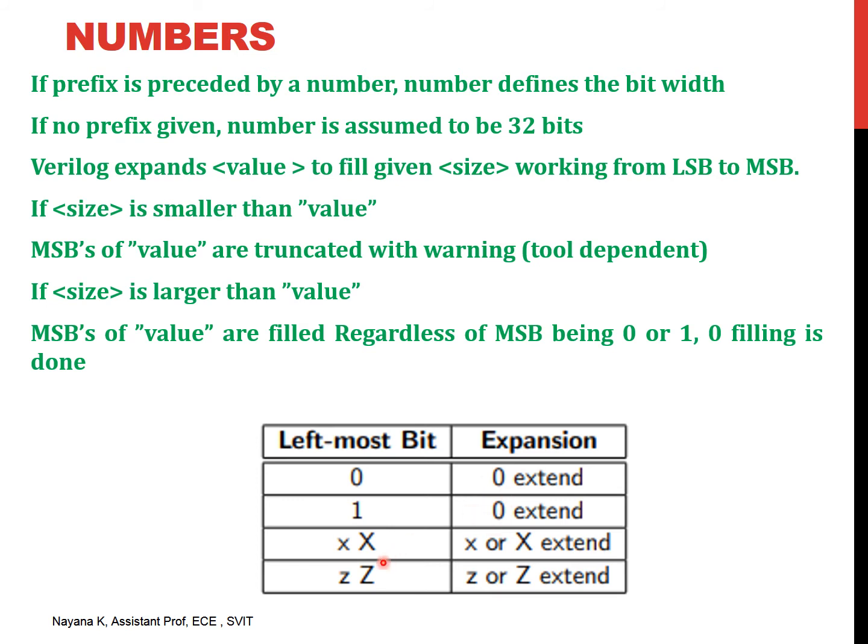But if the MSB is an X, you should extend X itself, XXX, and if it is a Z, you should extend ZZZ. So if you have a 0 or 1 in the MSB and want to expand the size, you always expand by putting 0. But if you have an X or a Z, you expand by putting X or Z in the required number of bit positions.